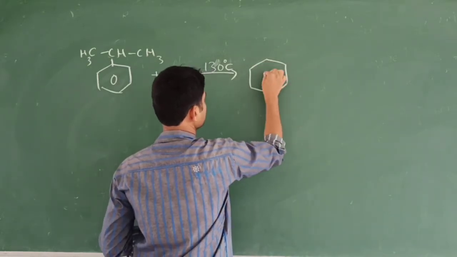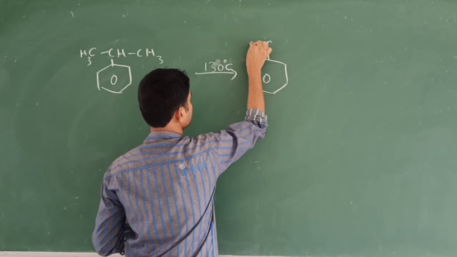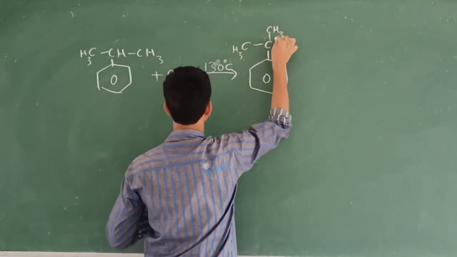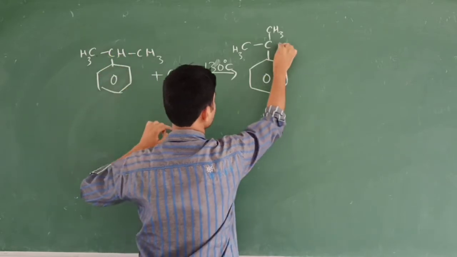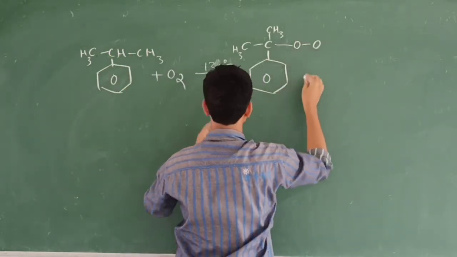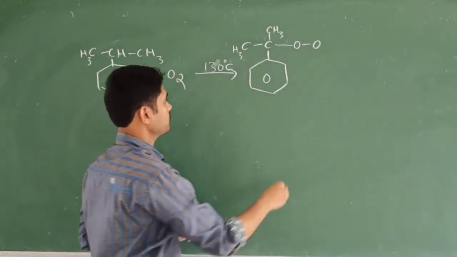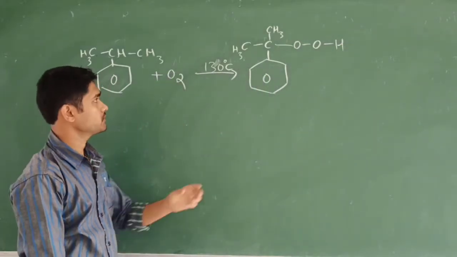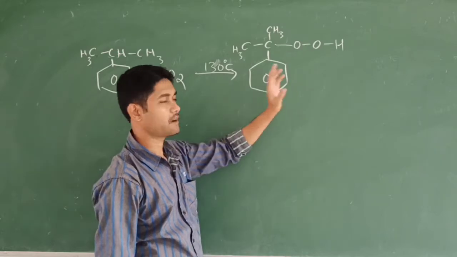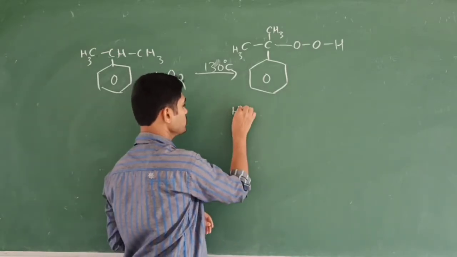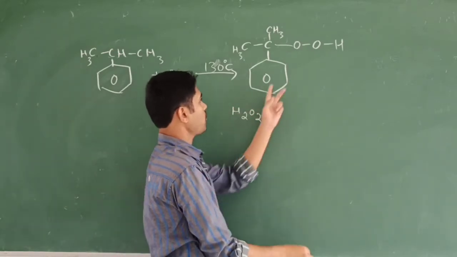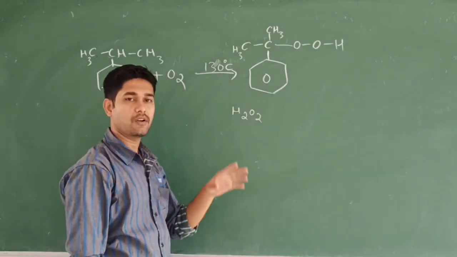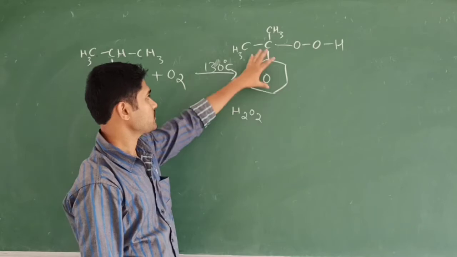So like this, this should be CH3, and 2 oxygens will be coming here. This is hydrogen peroxide. The hydrogen peroxide formula is H2O2. Here 2 oxygens will be there and 1 hydrogen will be there, and the remaining 1 hydrogen is replaced by this isopropyl benzene.